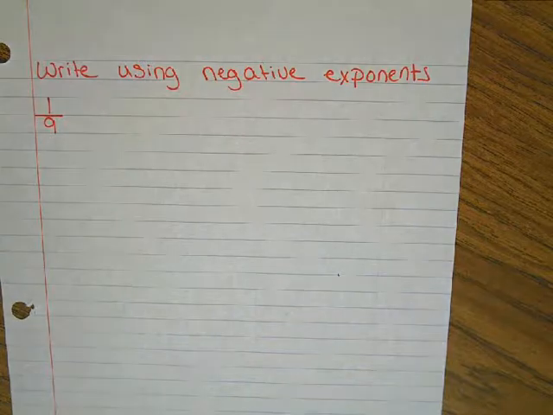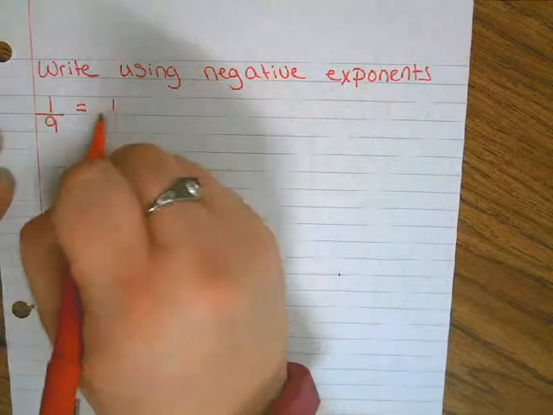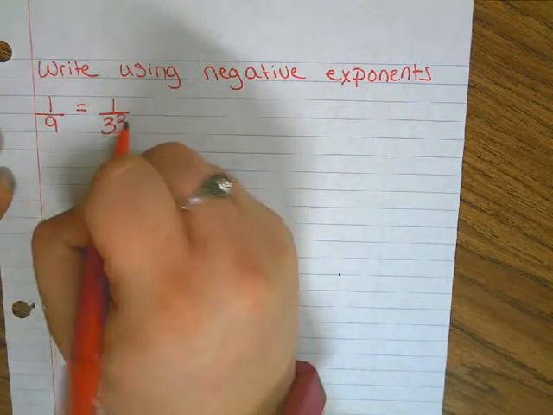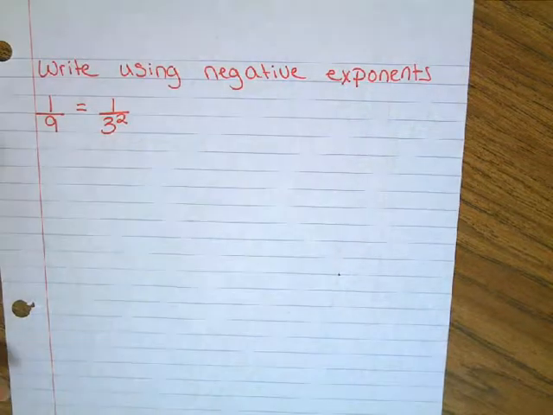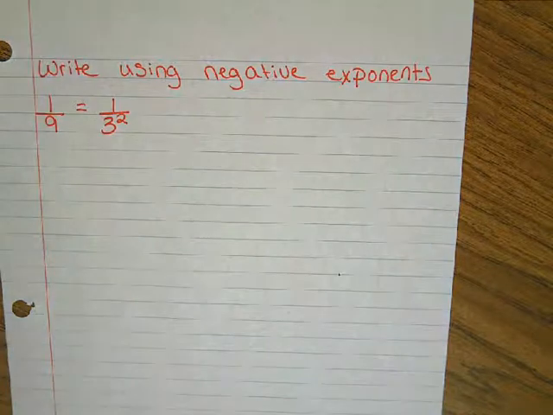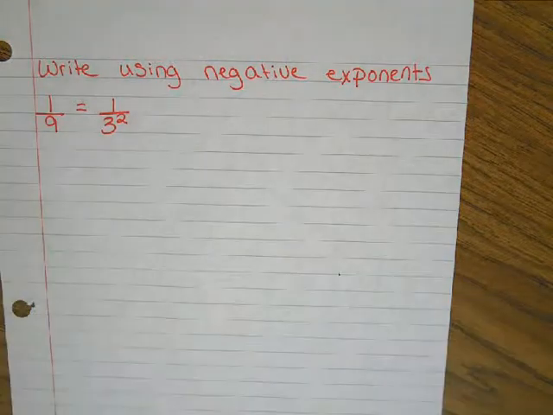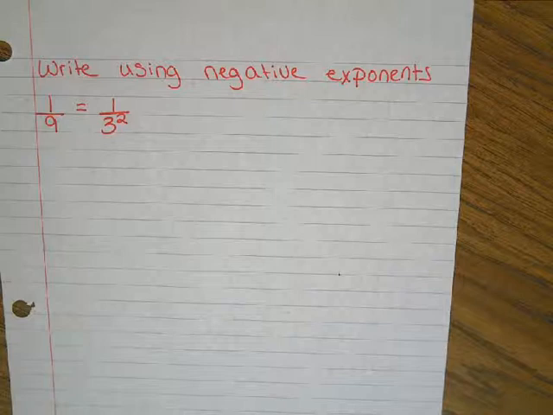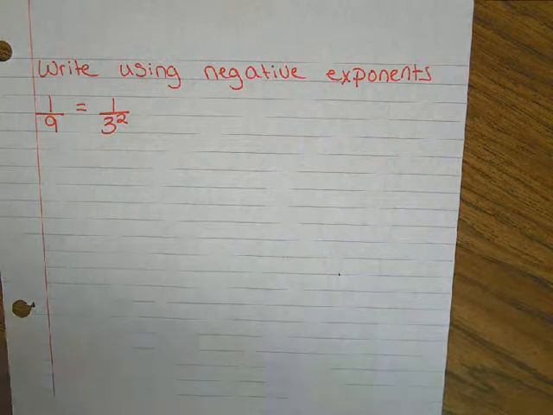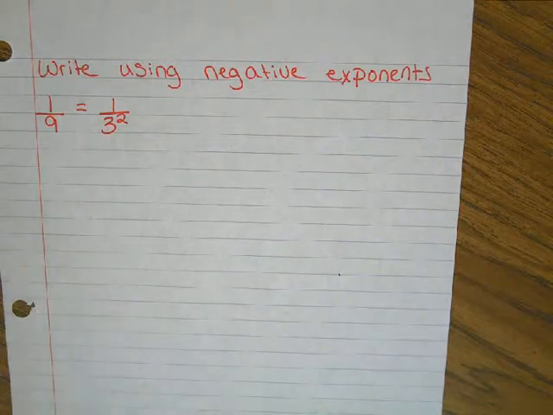So really, do you agree that this is 1 over 3 squared? Okay? So now I need to write it using negative exponent. So I need to go backwards. They're already giving me the 1 over the part. So now I need to go backwards to what we had. So how am I going to write this using negative exponents?